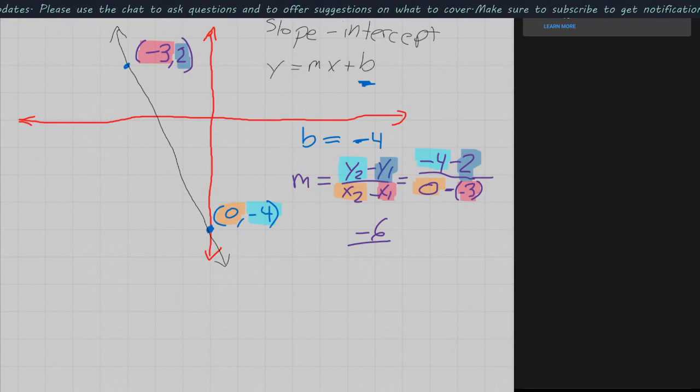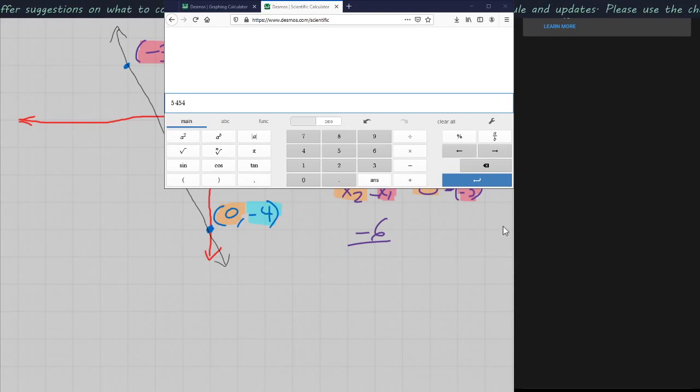So give me 1 second. There it goes. Okay. So you can use Desmos.